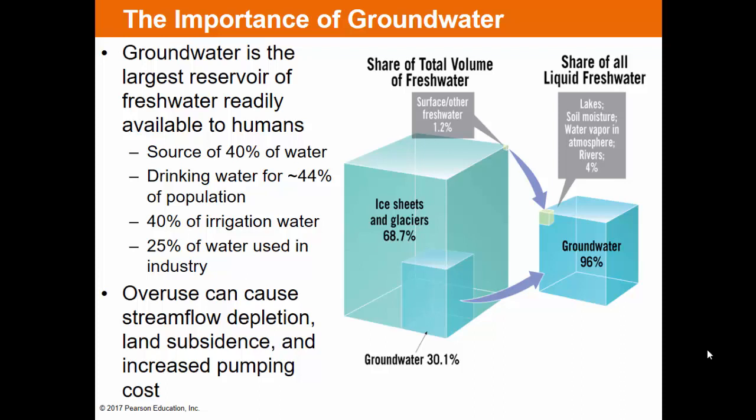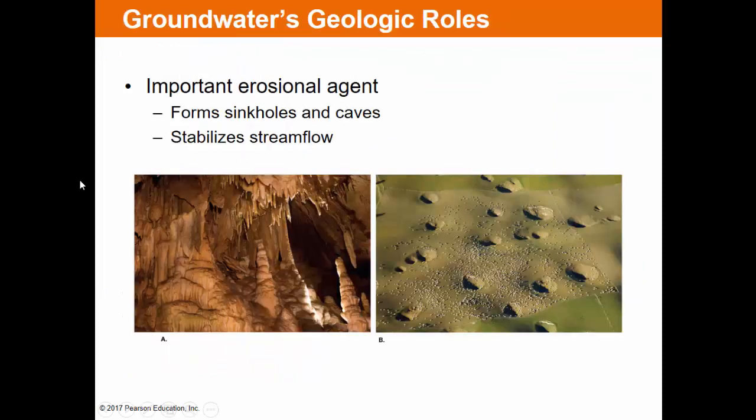Of all the fresh water in the hydrosphere, 68.7% is in the ice sheets and glaciers, and 1.2% is going to be in surface and other fresh water, and that adds up to around 69.1%. 30.1% of all the fresh water available is in groundwater. So it's a very important resource, and it's kind of always been thought of as maybe a renewable resource, but maybe we need to begin to think about it as non-renewable.